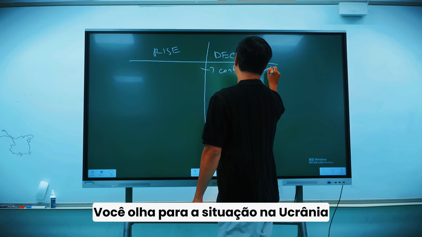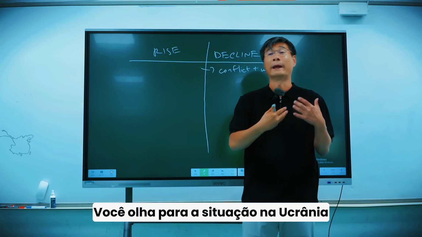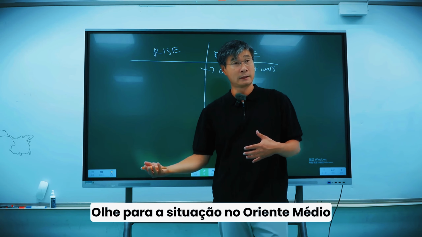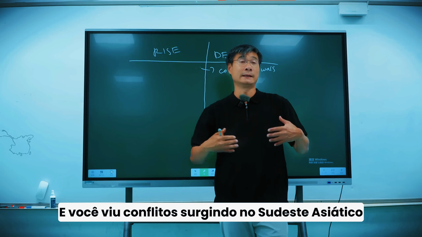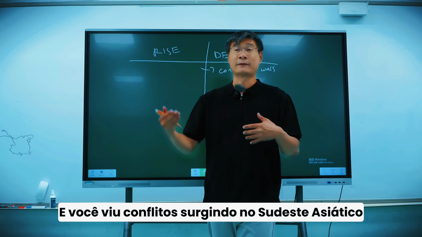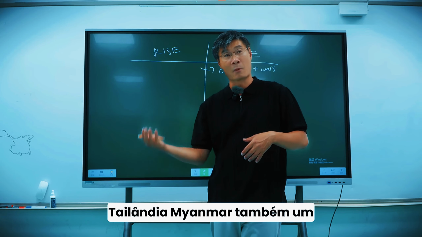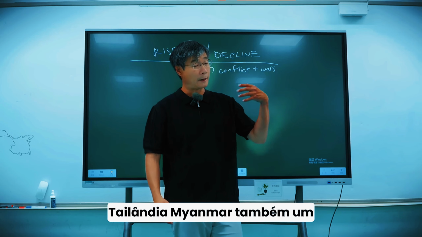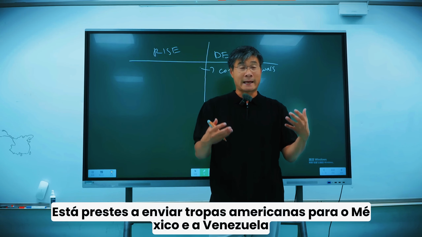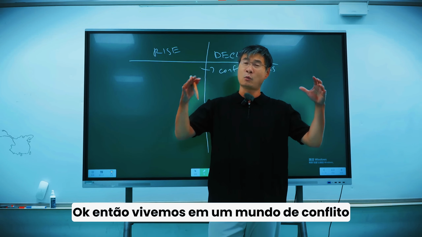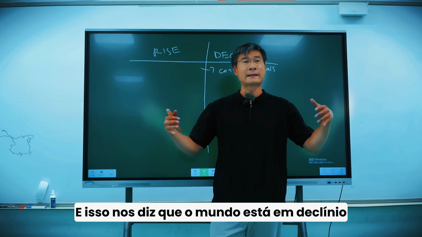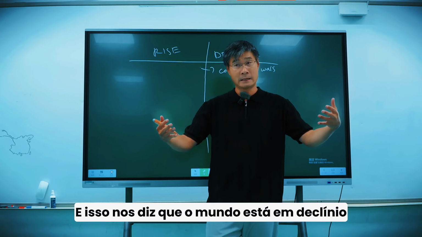You look at the situation in Ukraine, the situation in the Middle East, but you may also have seen the news and conflicts arising in Southeast Asia, Thailand, Myanmar. Also, Trump is about to send US troops to Mexico and Venezuela. So we live in a world of conflict, and that tells us that the world is in decline.